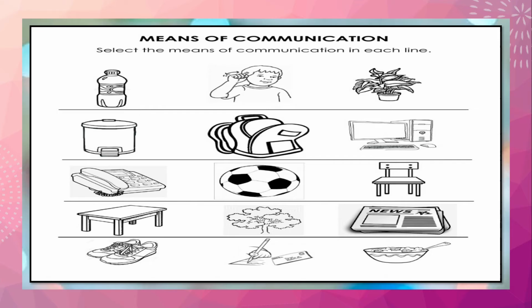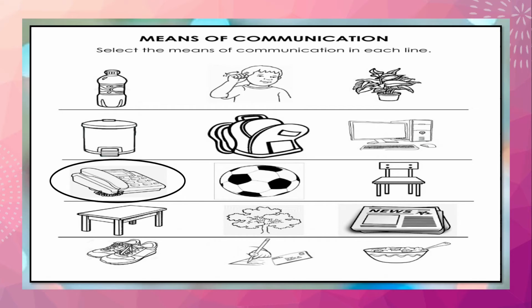Now let's do some practice worksheets. This is your worksheet number 1 of means of communication. Select the means of communication in each line. So 3 lines are given to you. In each line you have to select the means of communication. So in first line, telephone is the means of communication.